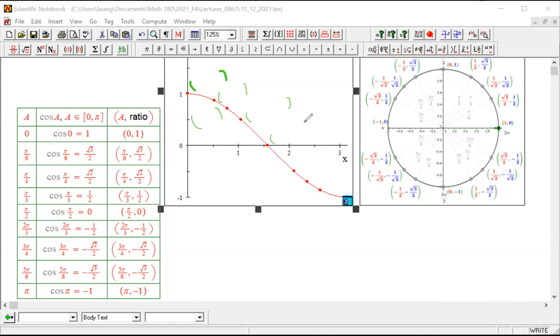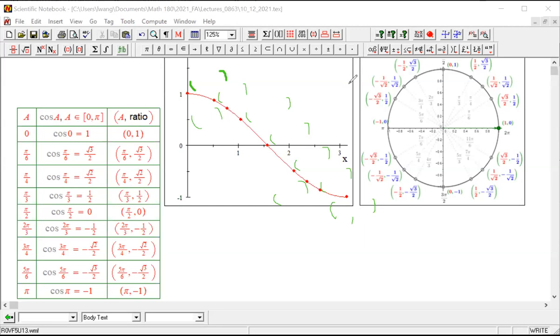Input, output. Every point, input, output. Okay, the last point also has an input and an output.